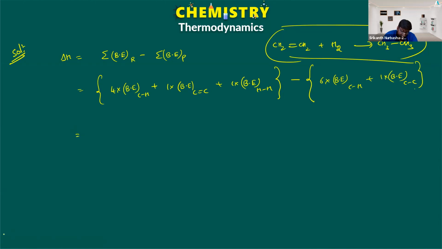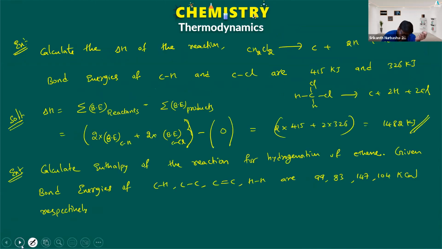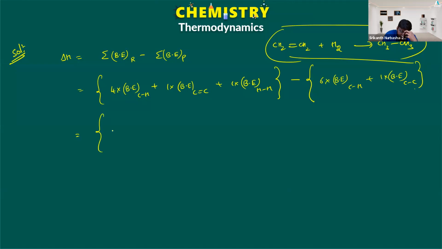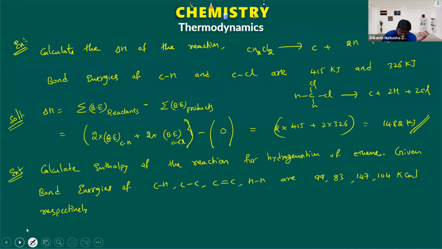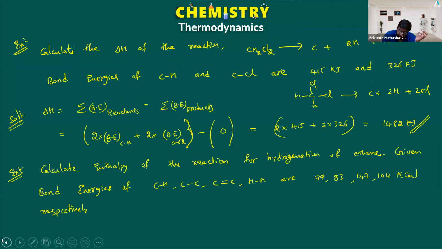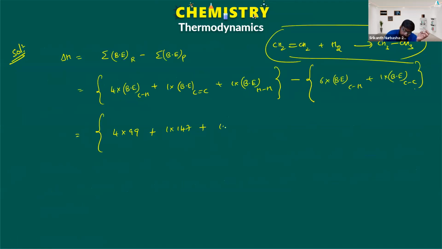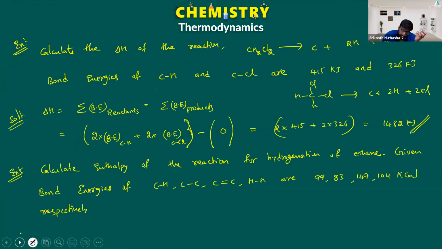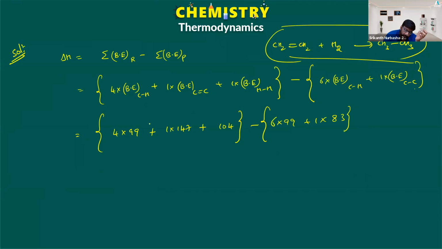Substitute whatever values they have given. CH bond is given as 99, so 4 into 99 plus C double bond C bond energy 147, bond energy of hydrogen single bond 104, minus 6 into 99 plus 1 into the bond energy of CC single bond 83. These are in kilocalories.